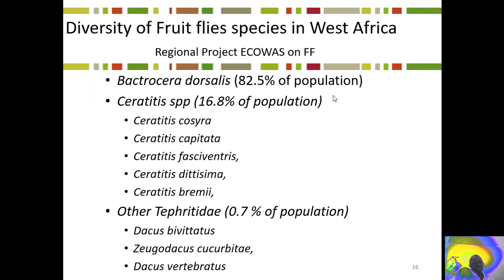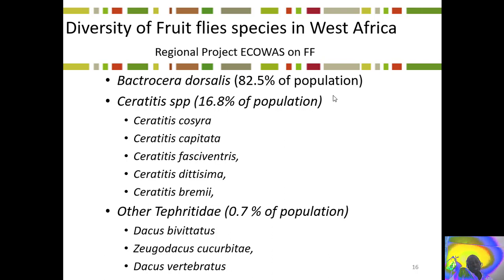Now, if you look at the diversity of fruit flies that we catch in our countries, we see that most of the catches are made of Bactrocera dorsalis, 82.5%. If we take the population of Ceratitis, we have different species: Quasira, Capitata, Fasciventris, Ditissima, and Bremi, and there are some others in different places.